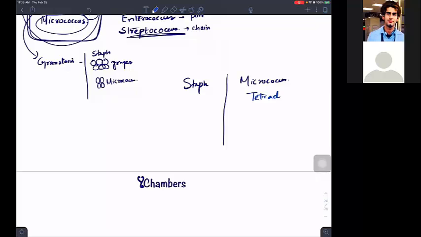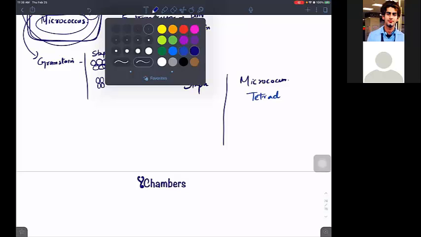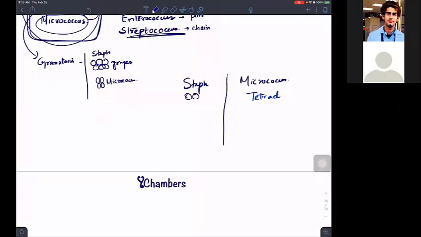But Staphylococcus will be in which shape? Clusters, in grapes. One difference is this.